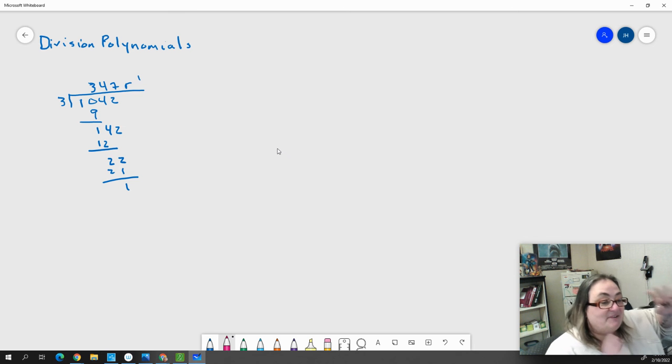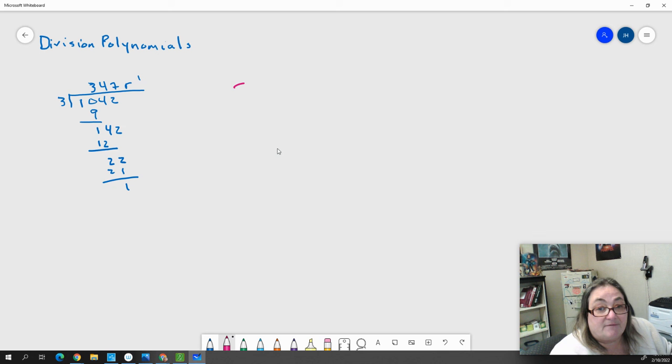Well, when we're dividing polynomials, it works similarly. Now, here's the thing. If we're dividing a polynomial by a monomial, we can just write it like a fraction and reduce it, right?